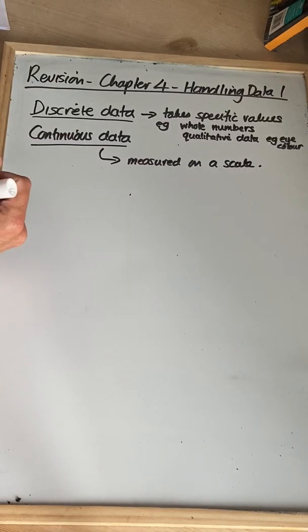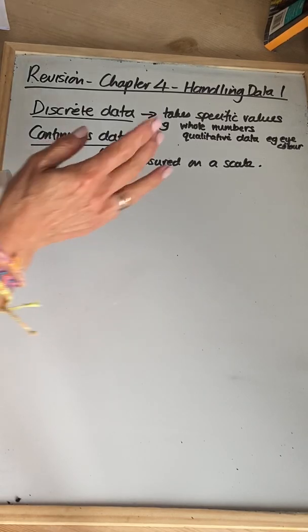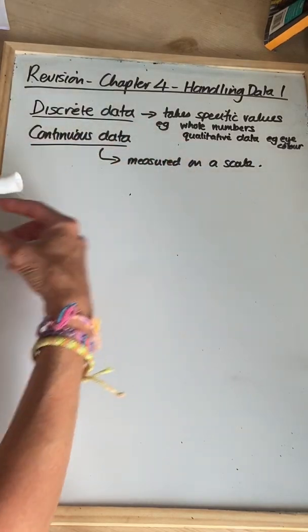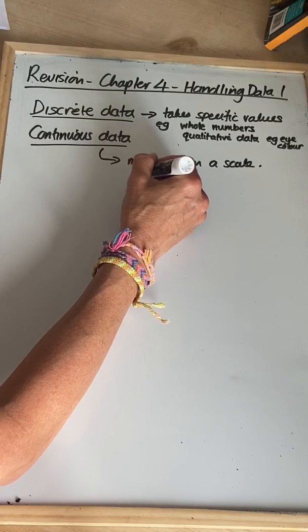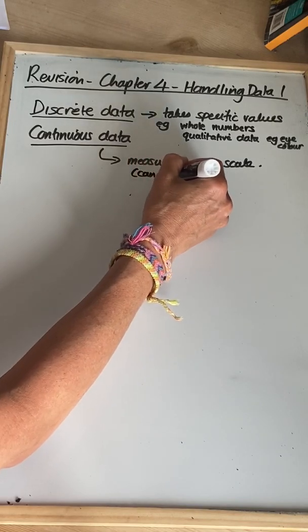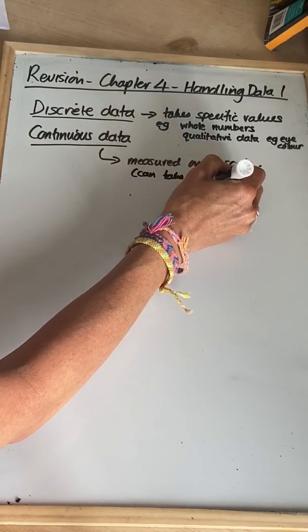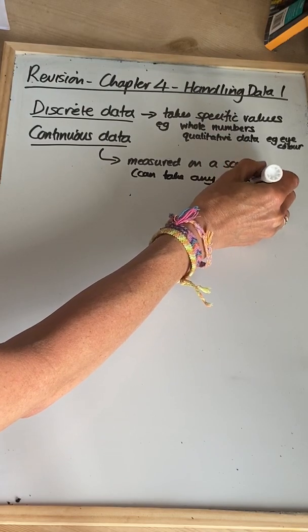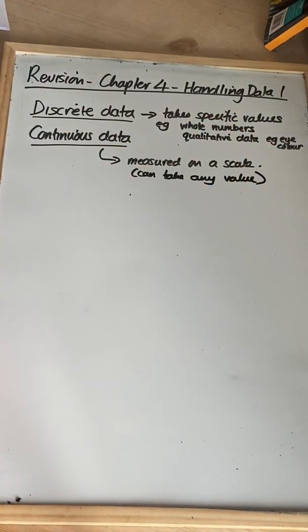You could say you're 1.6573 meters tall if you were very, very precise. So continuous data is measured on a scale and therefore can take any value. Discrete data can only take very specific values, whole numbers usually, or qualities, things like eye colour. Okay, so that's the types of data that you can have.